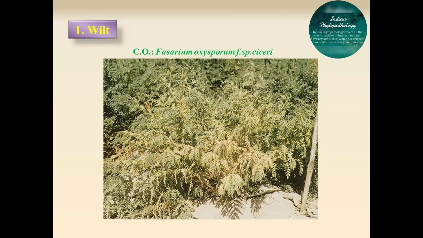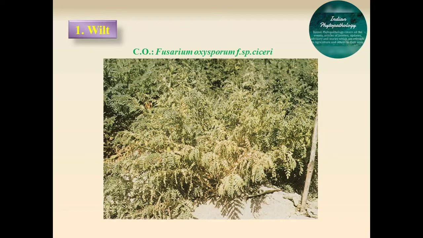At seedling stage, that means 3 to 5 weeks after sowing, whole seedlings collapse and lie flat on the ground with dull green leaves and shrunken stem. This is the particular mark of identification for wilt disease. Then dark brown discoloration of the internal stem tissues is also found in severe infection.